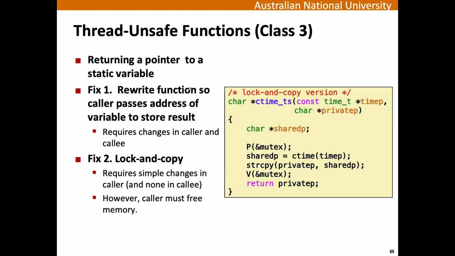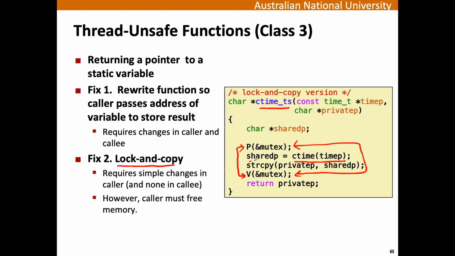So the other fix they use is what they call lock and copy. We write a new wrapper function that is thread safe. First of all, we use a mutex to synchronize accesses to the ctime function, so only one thread can call ctime at any given point. We enclose this all in a mutex using P and V operations.